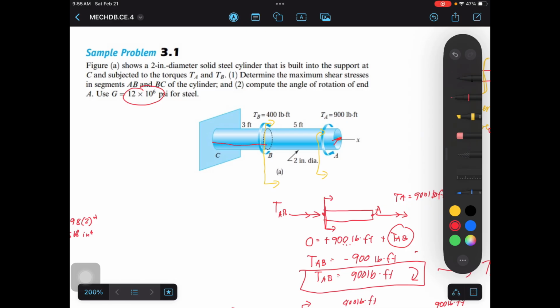Look, at point B, the rotation is clockwise, so the angle of twist goes clockwise. But at point A, the angle of twist starts here and is counterclockwise. So, it comes back like that.